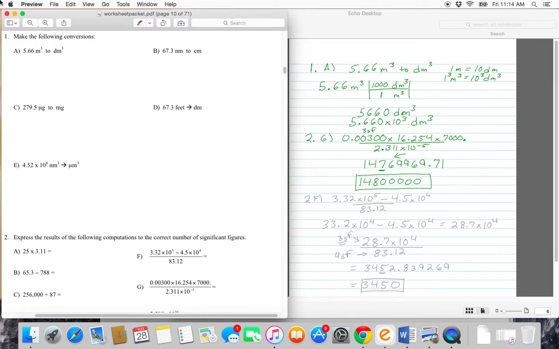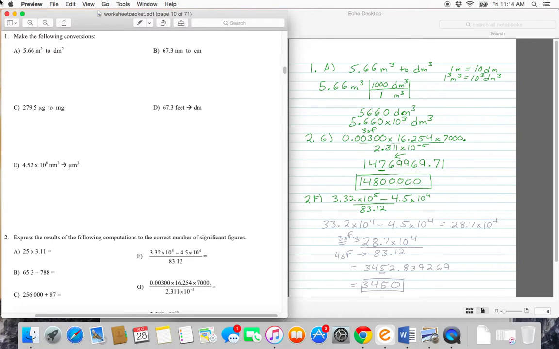So let's look at 2f. 2f gives us that 3.32 times 10 to the 5th power minus 4.5 times 10 to the 4th power, all divided by 83.12.